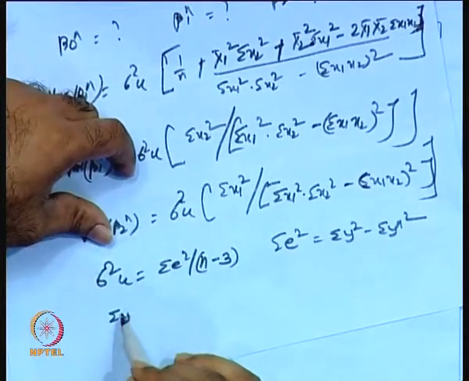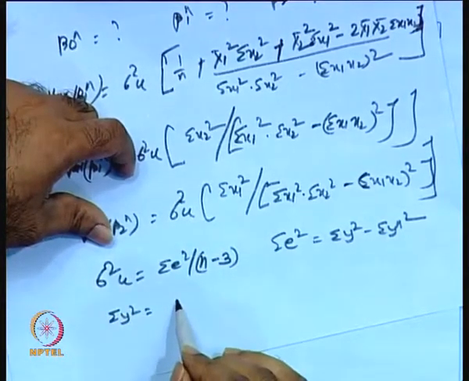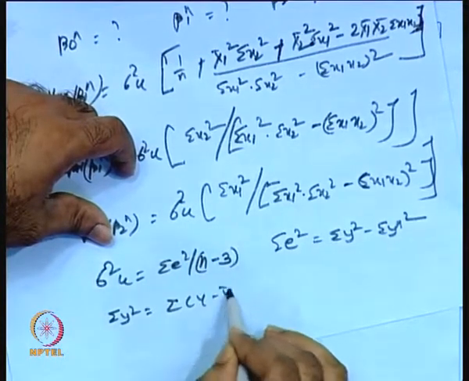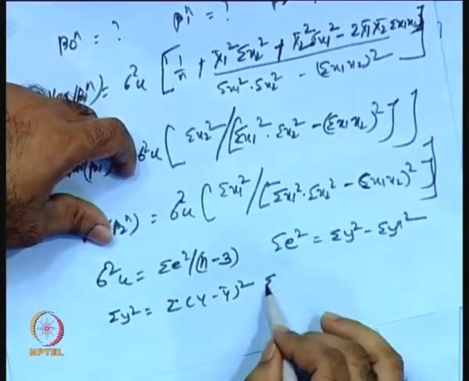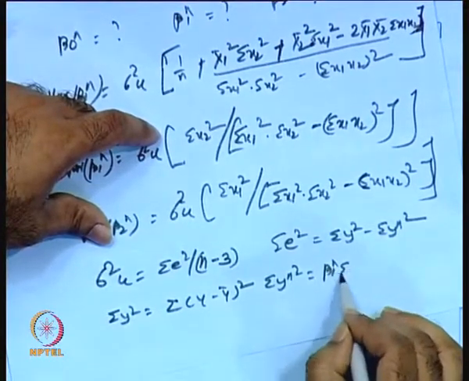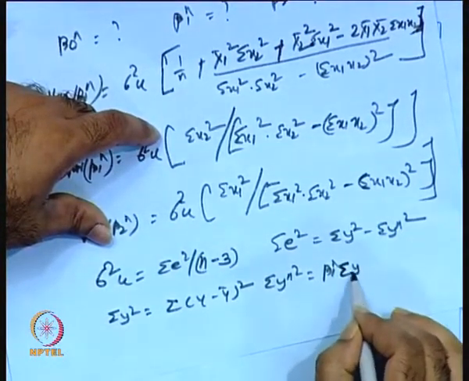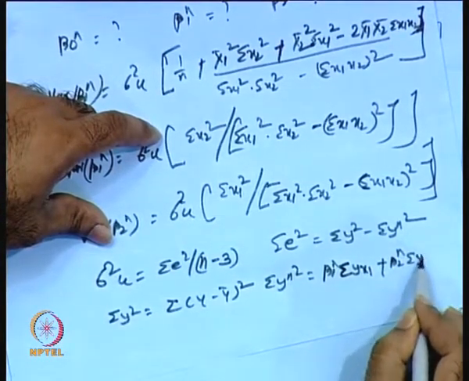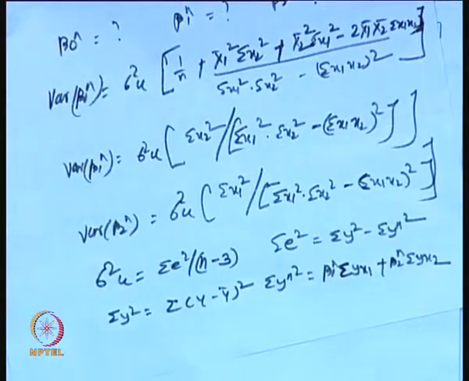Summation y square is summation of (y minus y bar) whole squared, while summation y hat square is equal to beta 1 hat summation y x1 plus beta 2 hat summation y x2. So, this is how we have to obtain summation y hat squares.